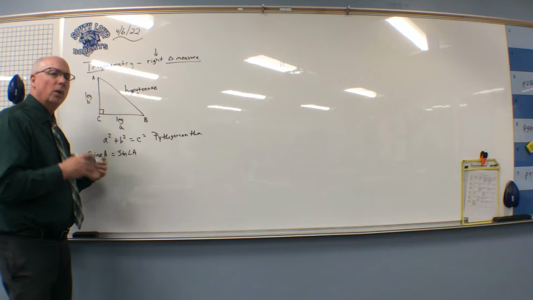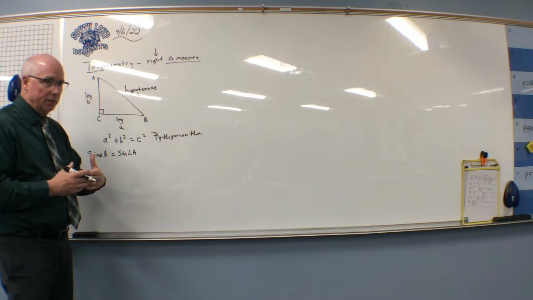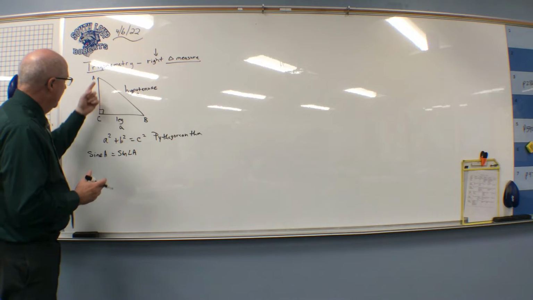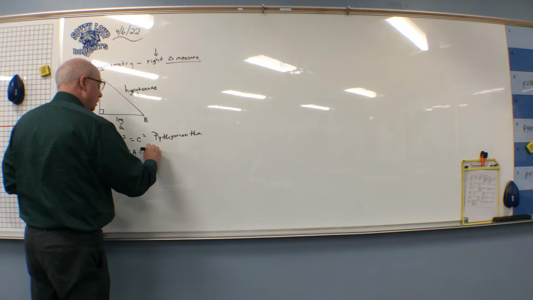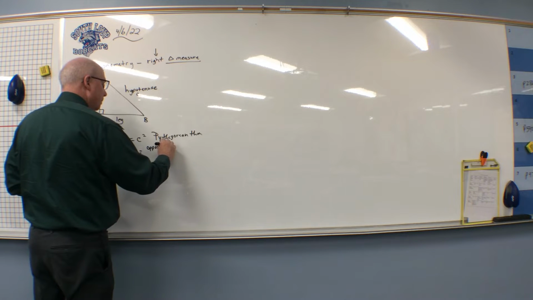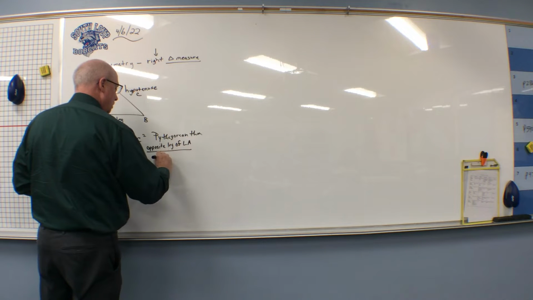A ratio is a fraction, Harper. One number over another. You understand what I'm saying? The ratio of sine of angle A is the opposite leg of angle A over the hypotenuse.